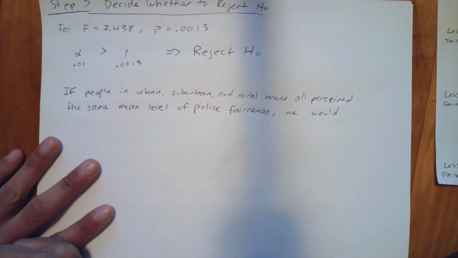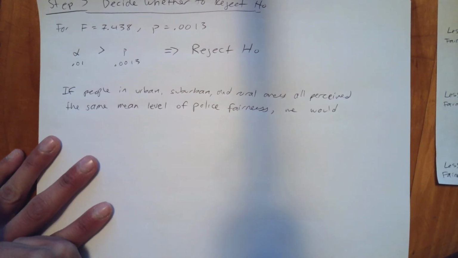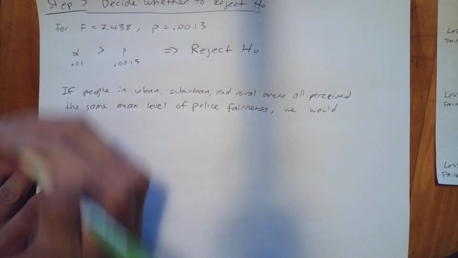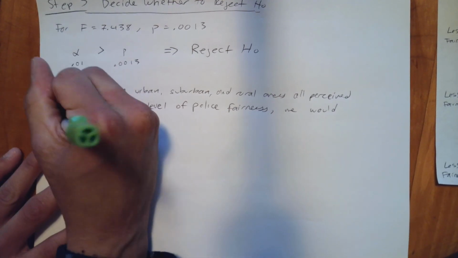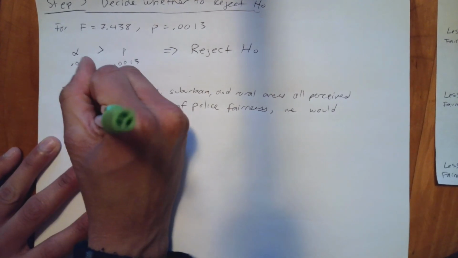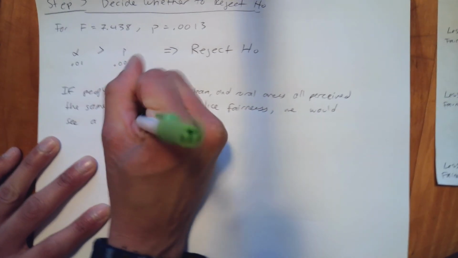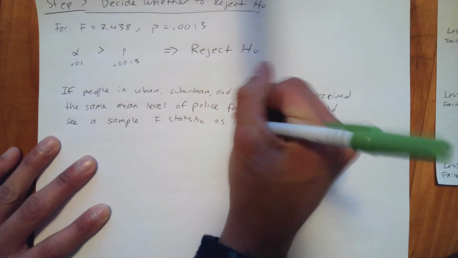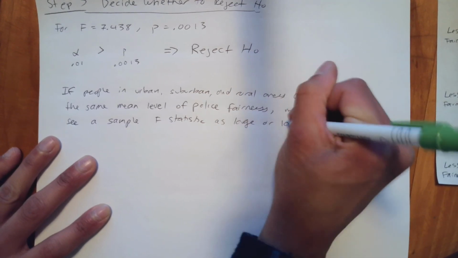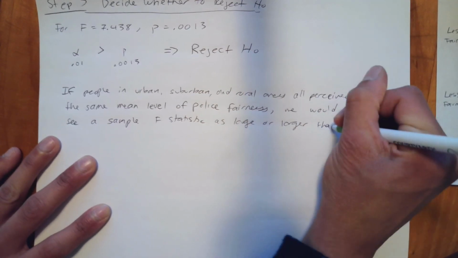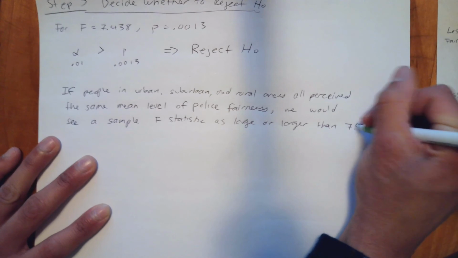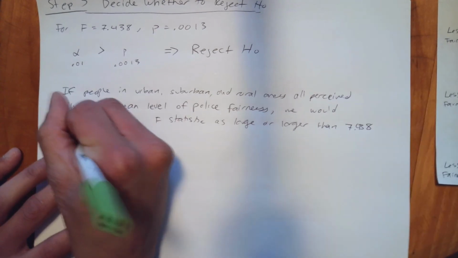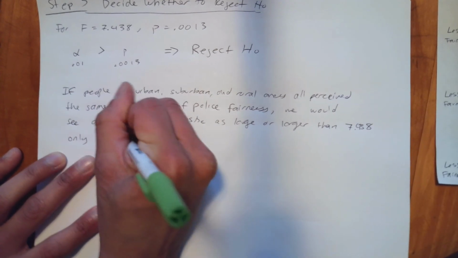All right, so if people in urban, suburban, and rural areas all perceive the same mean level of police fairness, we would see a sample F statistic as large or larger than 7.438 only 0.13% of the time.